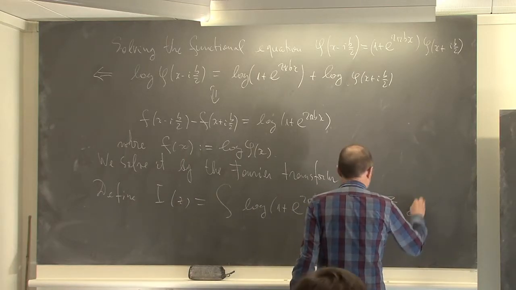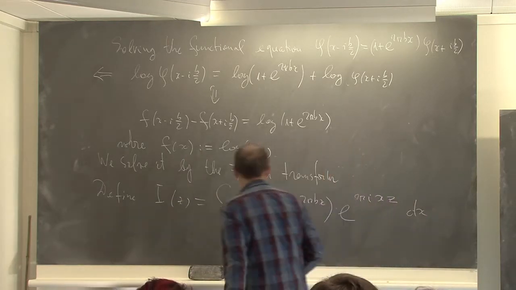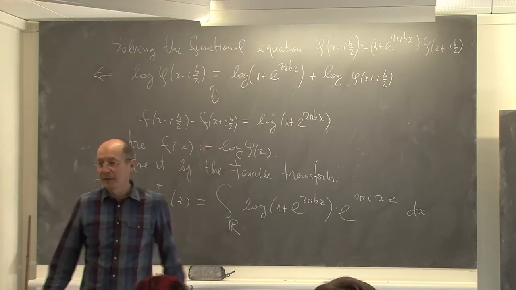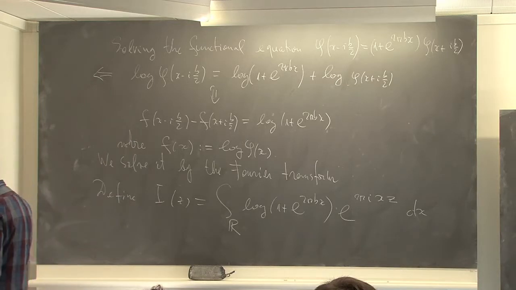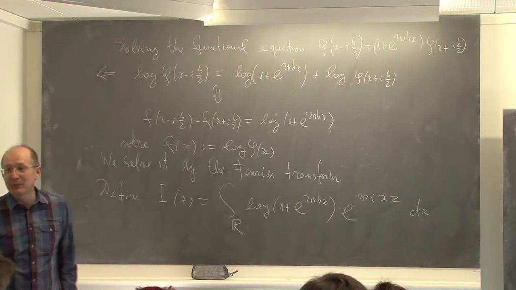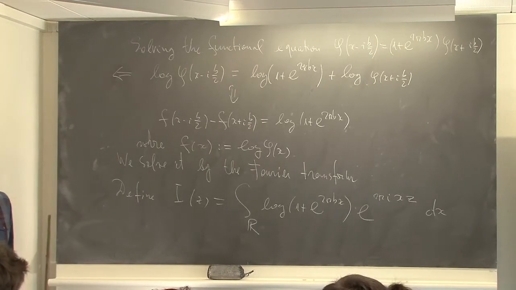But here we use it just in the classical context over the reals. Right? That's what we have to calculate. But if you look at the integral, you will see a problem. Do you see it?